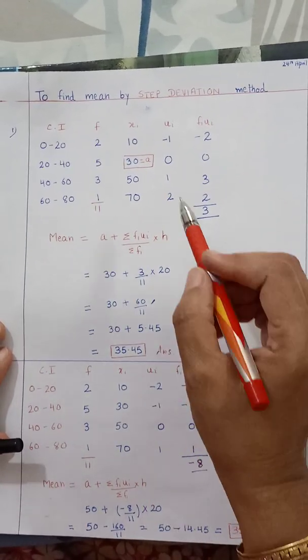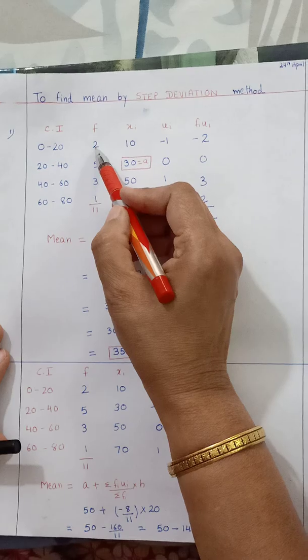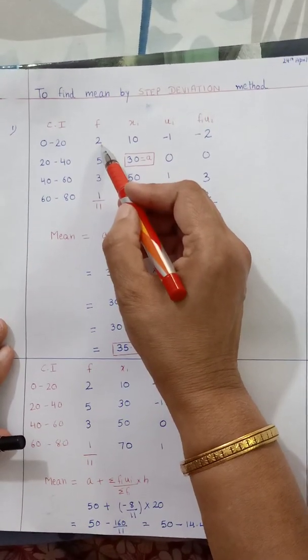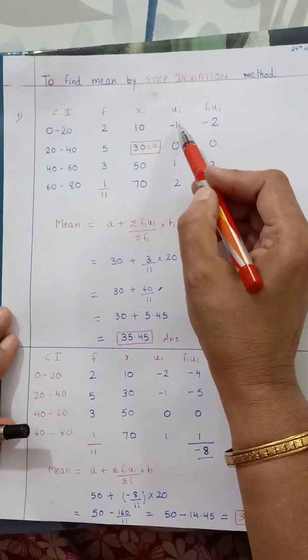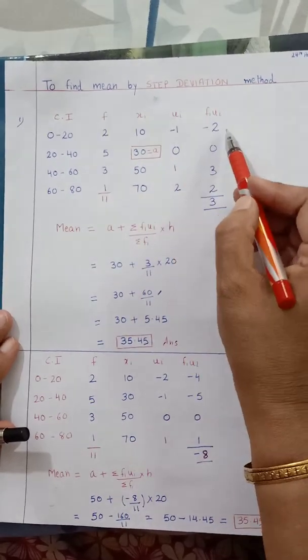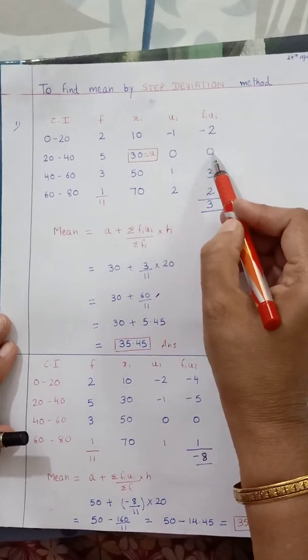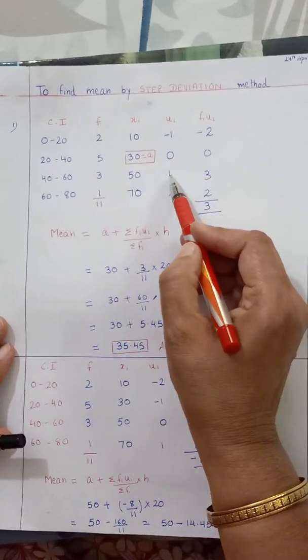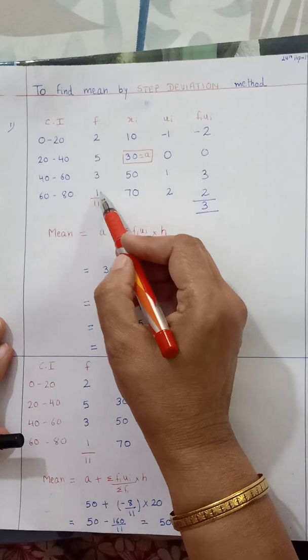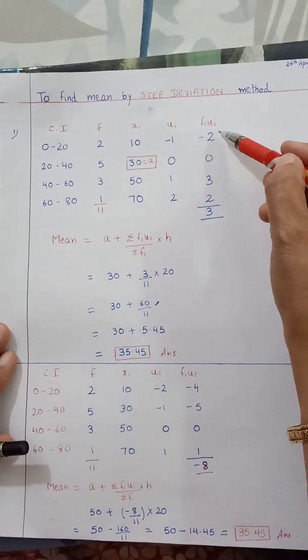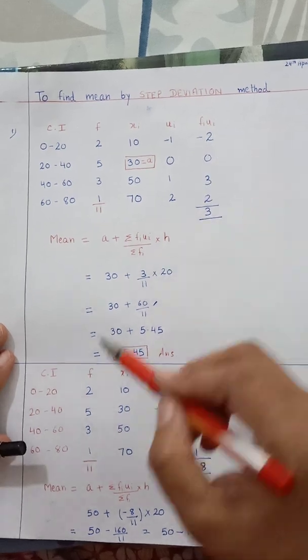Now, next step, multiply each f with ui. The first f is 2, first u is -1. So 2 into -1 is -2. 5 into 0 is 0. 3 into 1 is 3. And 1 into 2 is 2. Now add all these numbers.